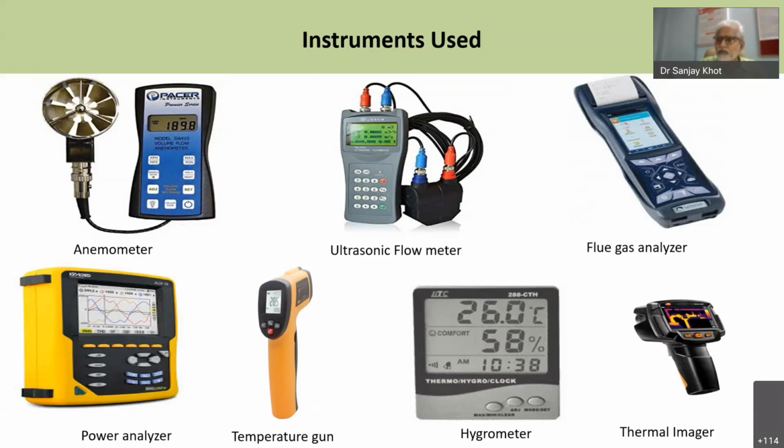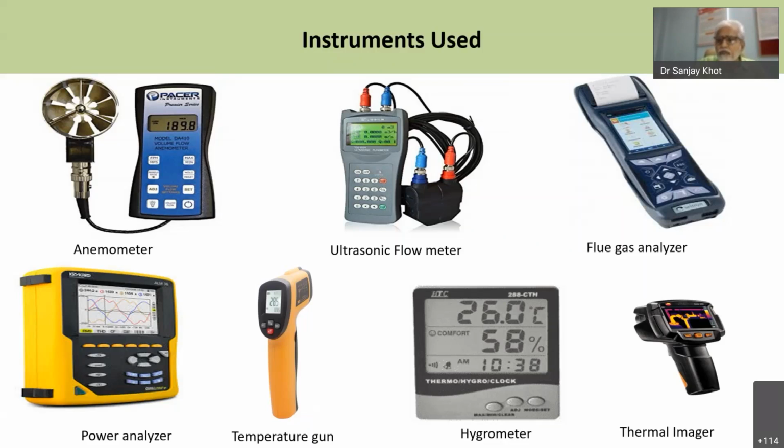By that we get NOx, SOx, carbon dioxide, carbon monoxide, and with the help of this flue gas analysis, we can do the audit of the boilers. We can calculate the thermal efficiency of the boiler with the help of the flue gas analyzer.